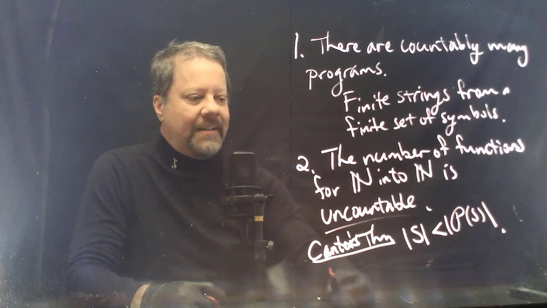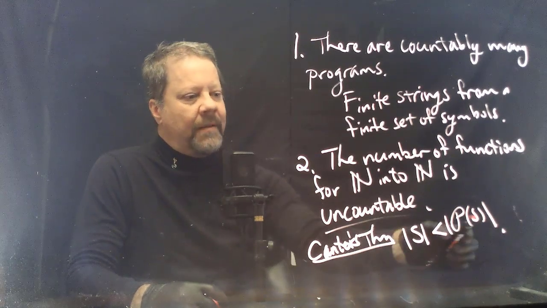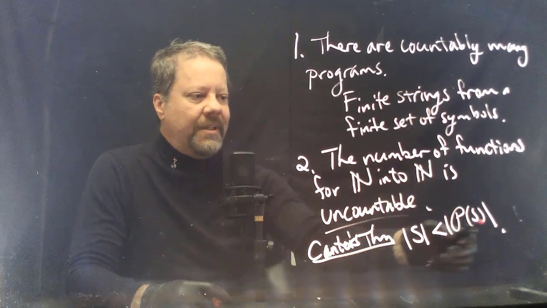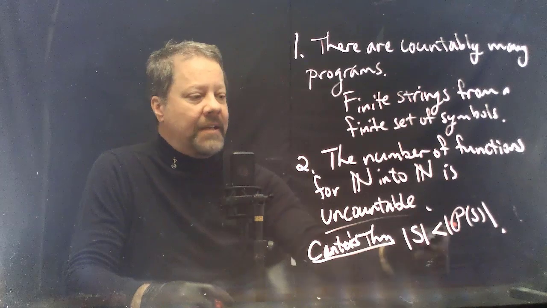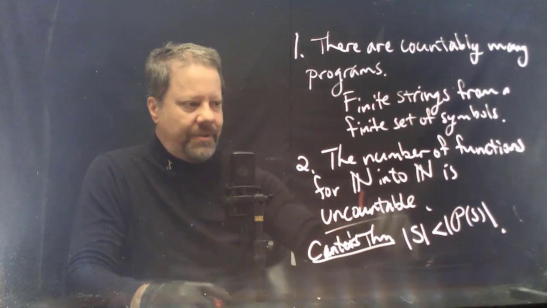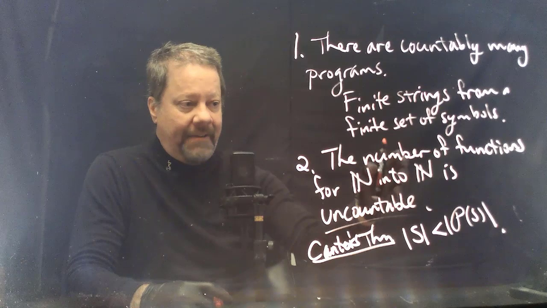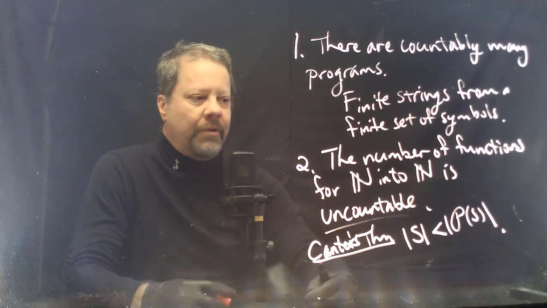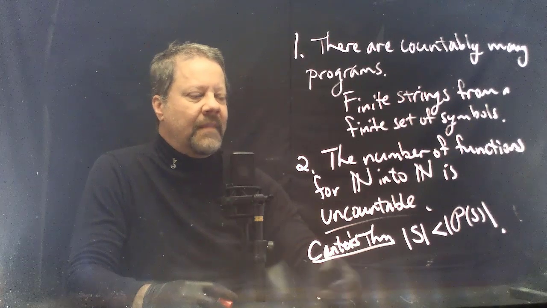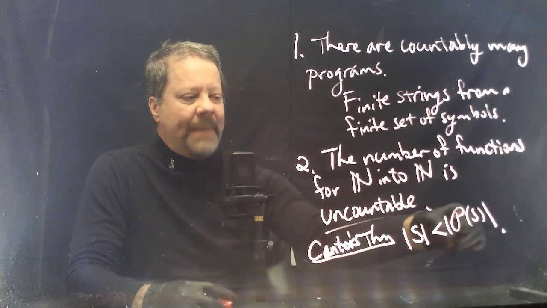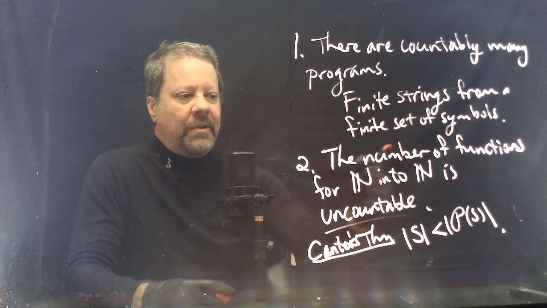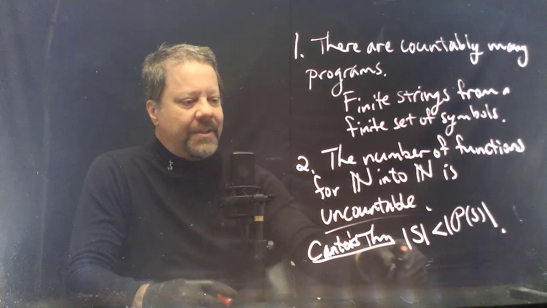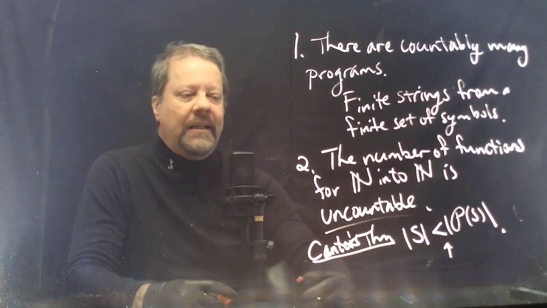Well, if our set is the set of natural numbers, the set of functions from the natural numbers into the natural numbers is the same as the power set of S. Just take a subset of N, let that be the range of a particular function, arranged however you wish. And so the cardinality of the power set of S will be equivalent to the number of functions from N into N. But Cantor's theorem says that there's a strict inequality between them.